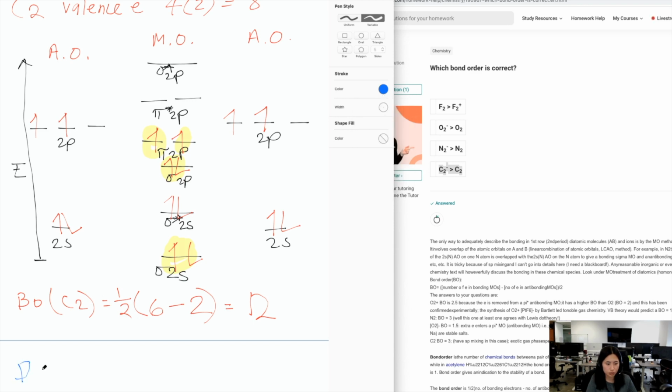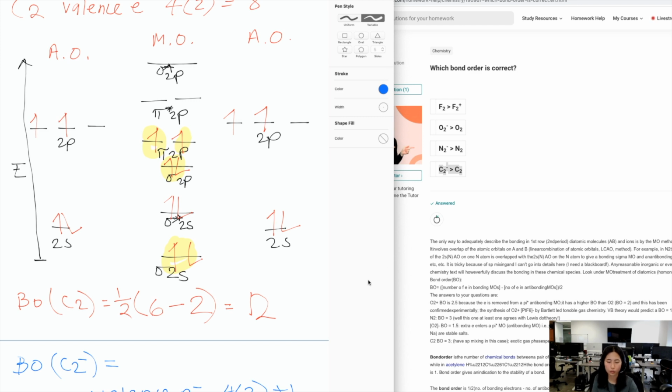Bond order of C2 minus, again, we're looking for the valence electrons. Valence for C2 minus is 4 times 2 plus 1, because we're adding 1 electron. So that's 9.